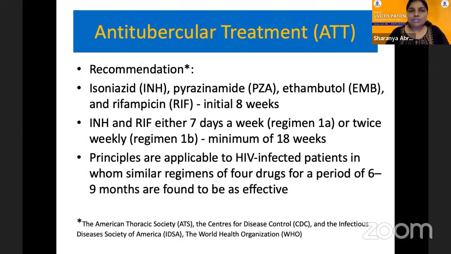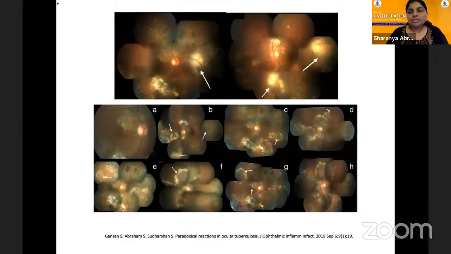The recommendations for ATT are essentially 4-drug ATT for the first 2 months, followed by 2-drug ATT for a minimum of 18 weeks. These same principles of treatment about ATT are also applicable to HIV-infected patients. When we are treating patients with oral steroids and ATT, this is an entity that we must really look out for.